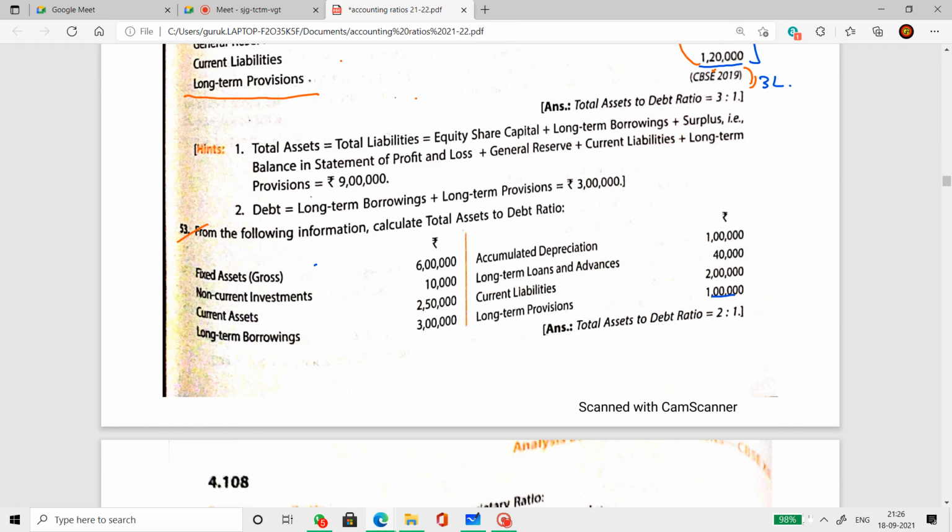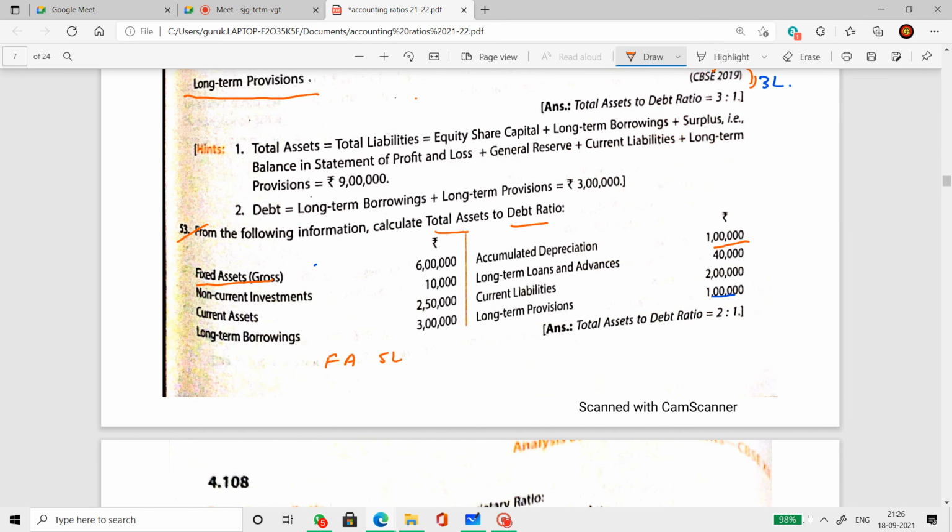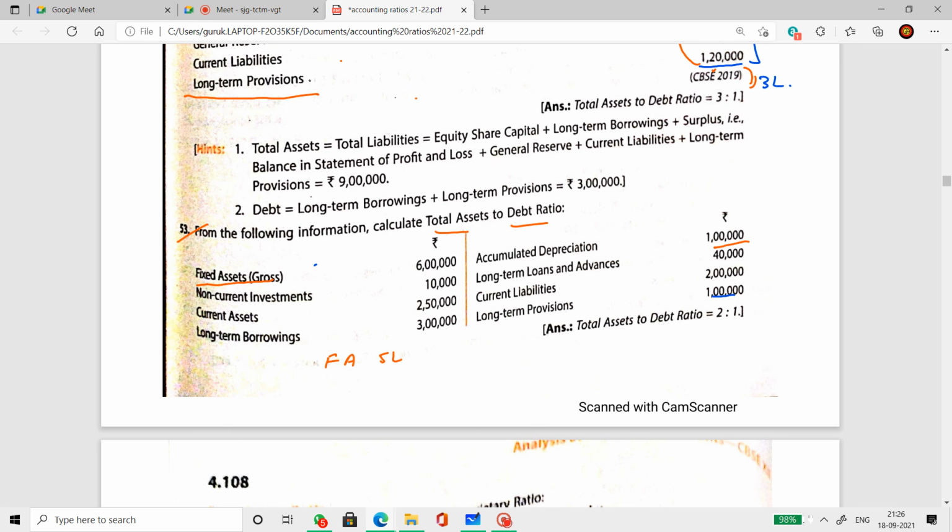53rd question, calculate total asset to debt again. Fixed asset gross value is given and accumulated depreciation is given here separately. So find the net value or the book value by subtracting this. So fixed asset will be only 5 lakh. Non-current investment 10,000 will be considered.